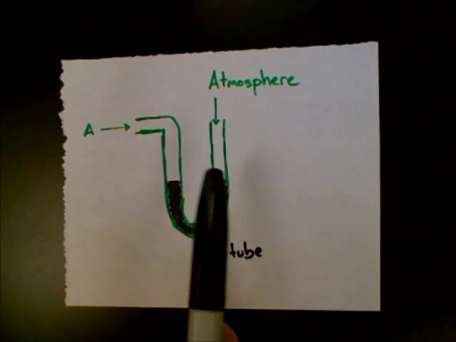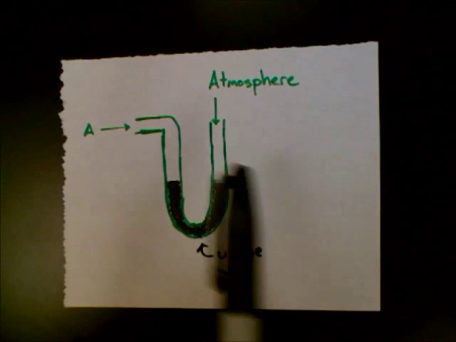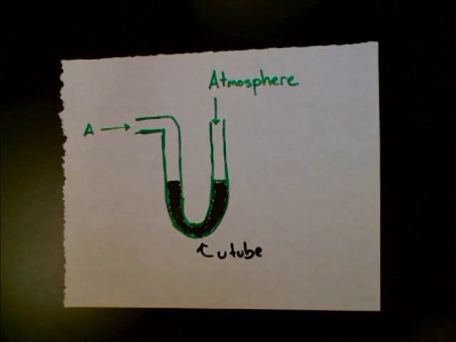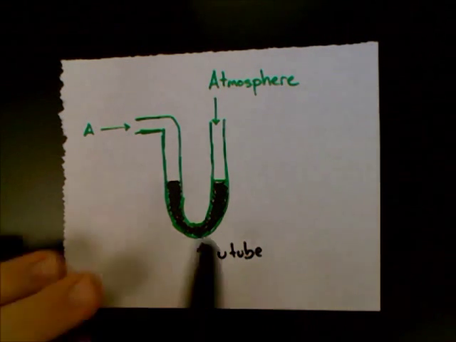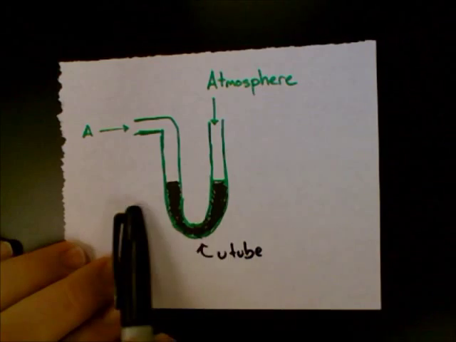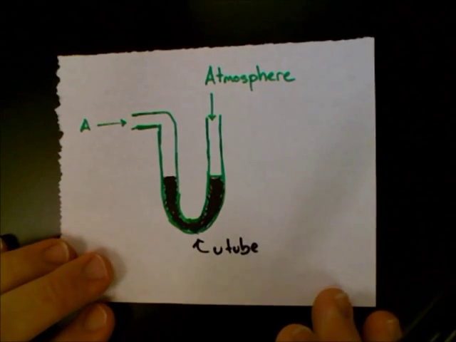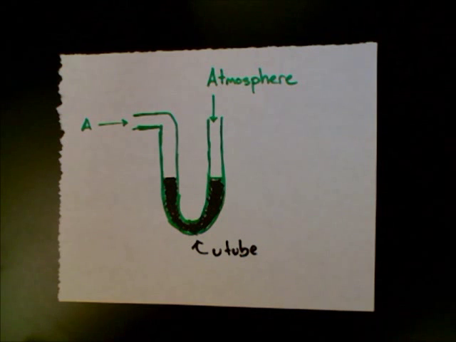If both ends of the U-tube are open to the atmosphere and are both being pushed on with the same amount of pressure, then we would expect that the levels of the liquid on both ends of the tube would be the same, because they're both being pushed on with the same amount.